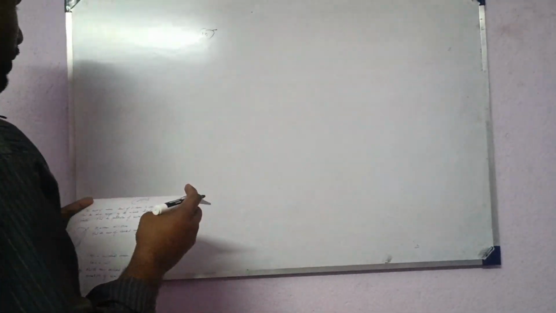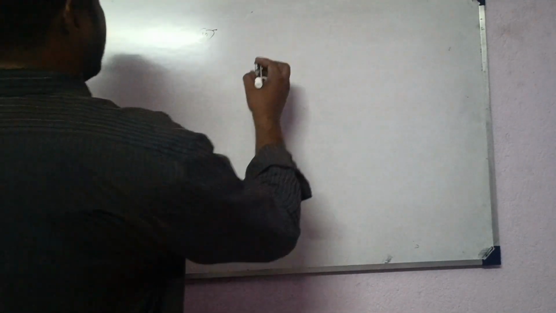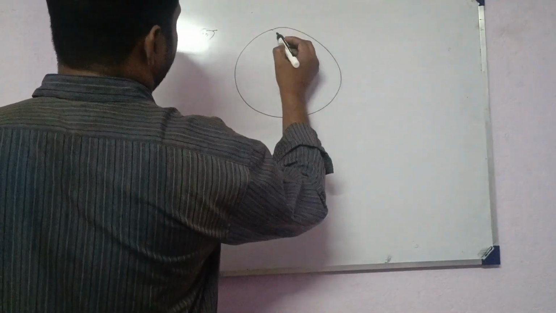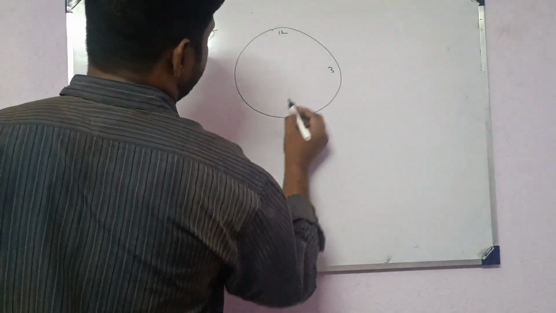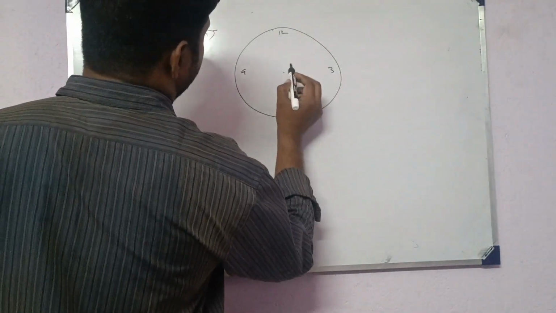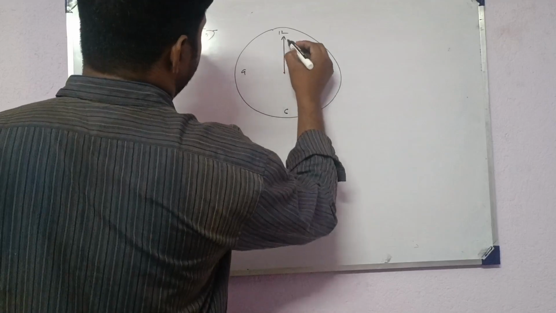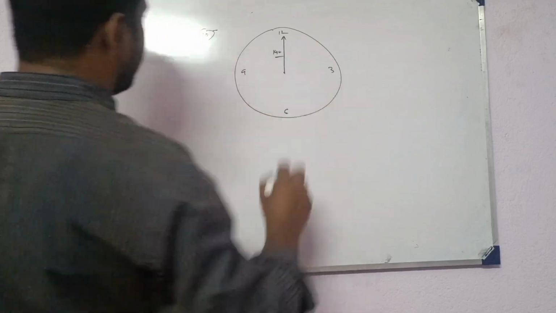The sum is: the length of the minute hand of a clock is 14 centimeter. Let's draw a clock, 12, 3, 6, 9. The length of the minute hand is 14 centimeter.